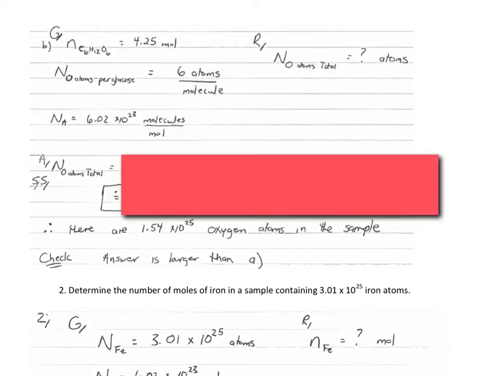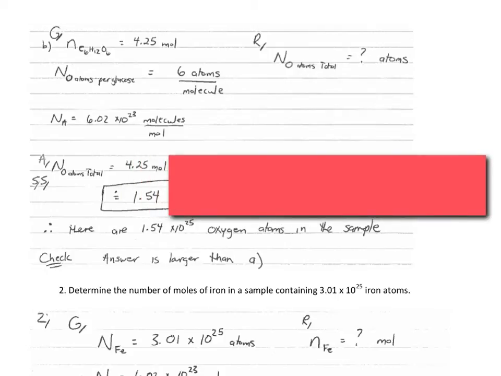And so I'm going to write down my given piece of information, which was the 4.25 moles. Now I have those units of moles, and I know that I want to get rid of them because my units for my final answer should be in atoms. And so I take a look at a conversion factor that has moles in it, and that of course is Avogadro's constant.